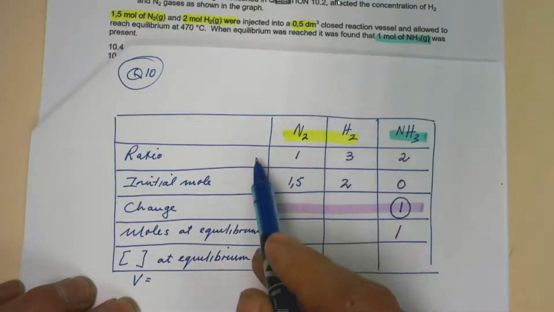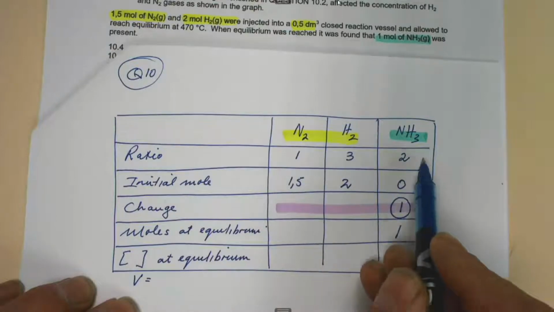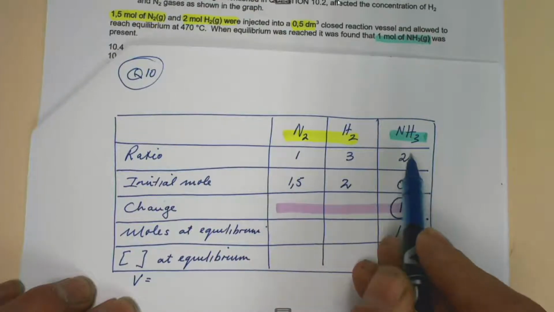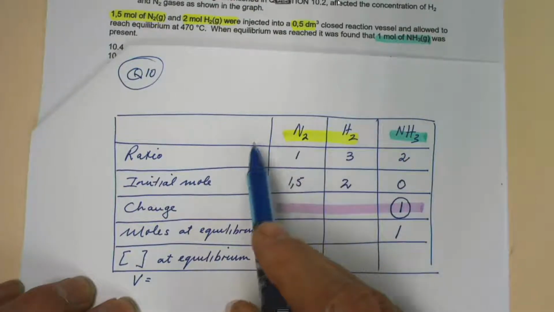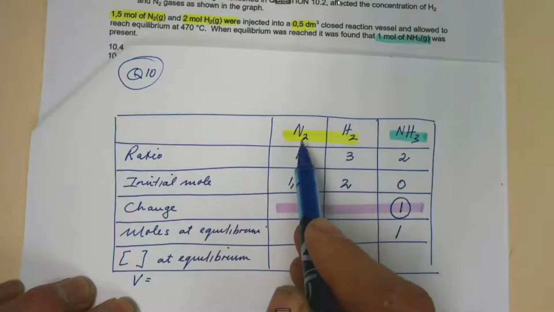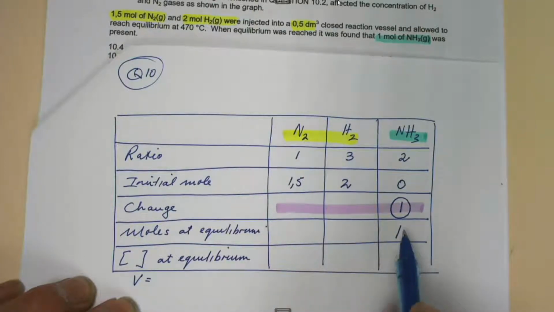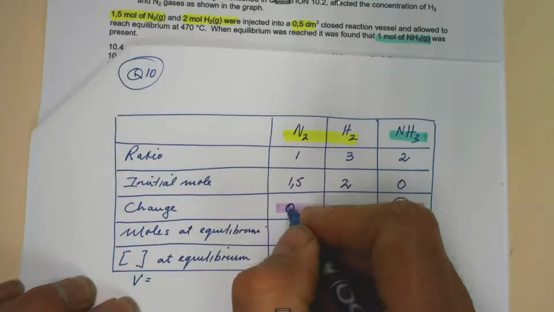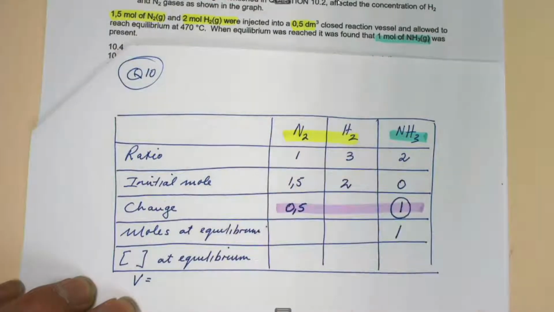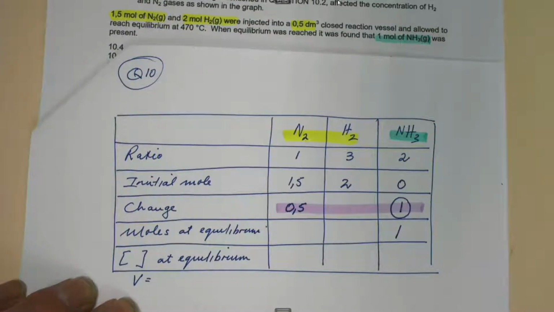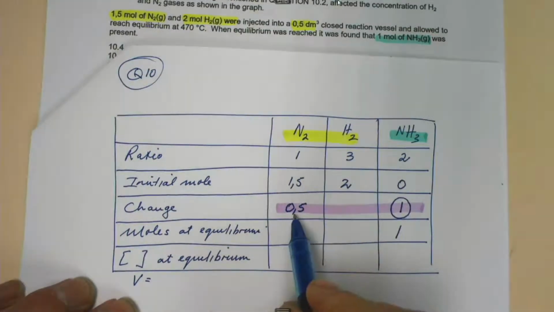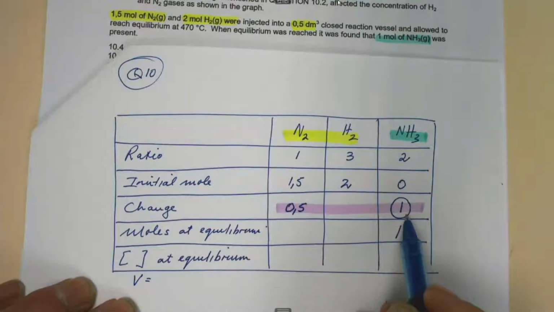You can see it's half. So if I have any value here, I just divide by 2, then I get this value here. Okay, so if I have a value of 1 here, I divide it by 2, the change here will be 0,5. And now I know how much N2 was used to produce 1 mole of NH3.